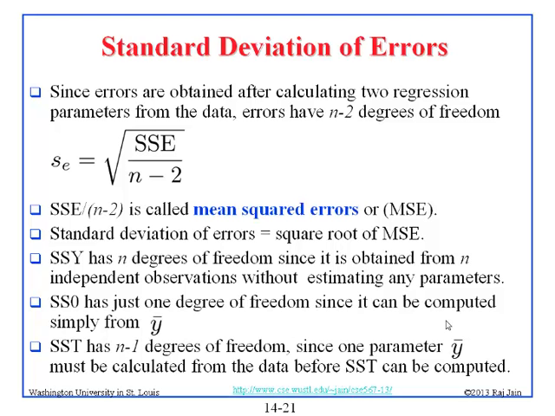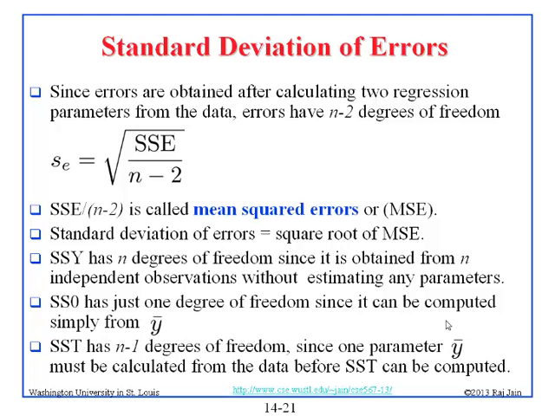If I gave you n minus 2 of those errors, you can easily calculate the last 2. And so, the degree of freedom that errors have is only n minus 2. And therefore, the standard deviation is the square root of SSE divided by n minus 2.